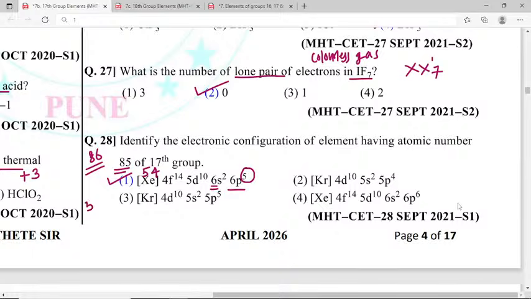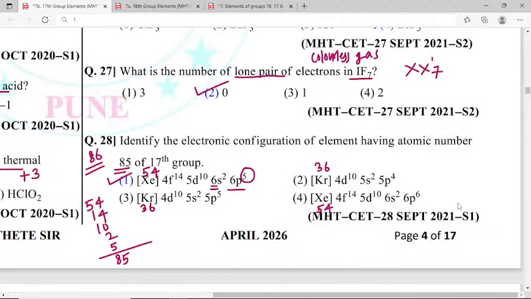All these additions should be 85. Krypton is 36, xenon 54. Please check whether it is correct. Option number first is correct.